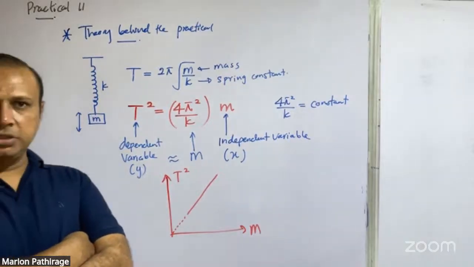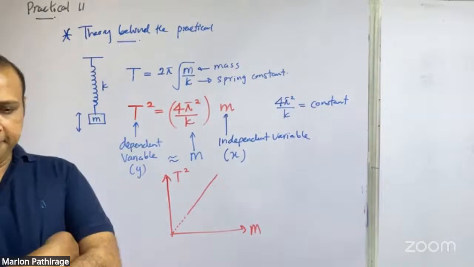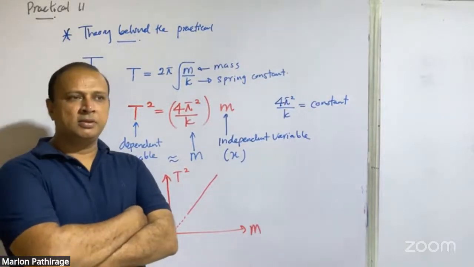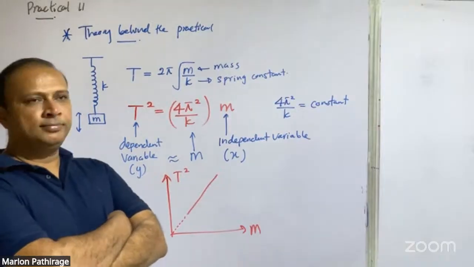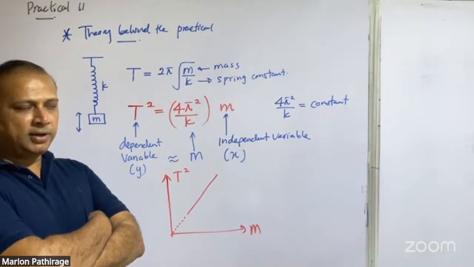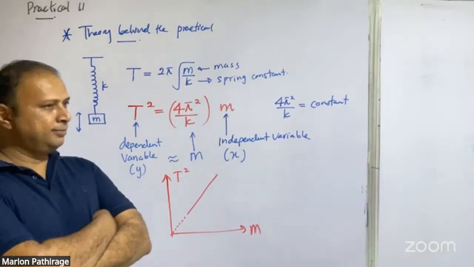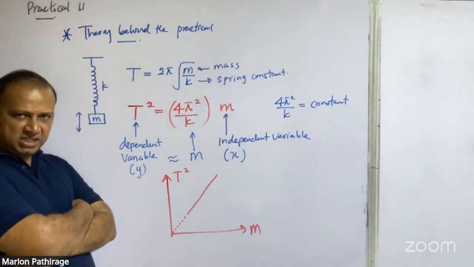Then plot the graph between m versus t square.